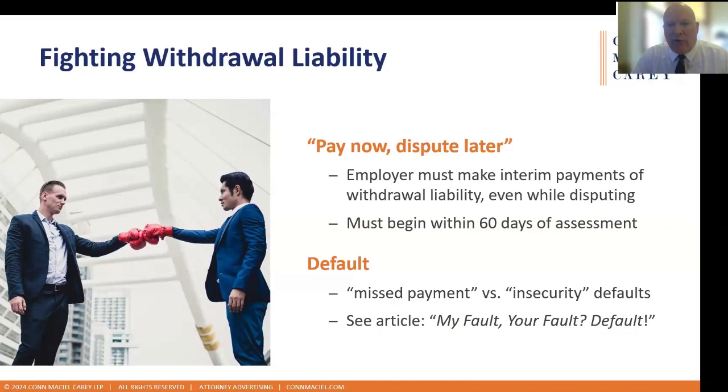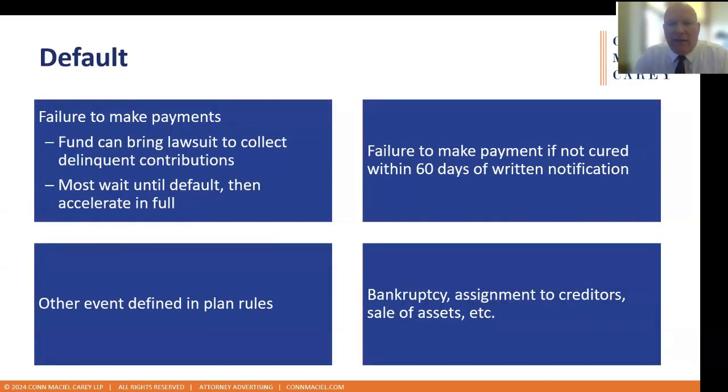The pay now, dispute later, I mentioned briefly, you have to make those payments. And if you go into default, the pension fund can accelerate the entire amount of the withdrawal liability. Pay attention to this, because sometimes the funds will try to argue that the acceleration is more than just an acceleration. Remember, I said it needs to be installment payments. So the statute is designed to pay out over up to 20 years of these installment payments.